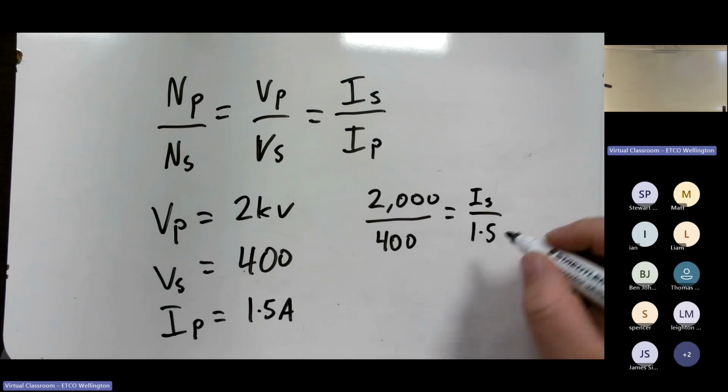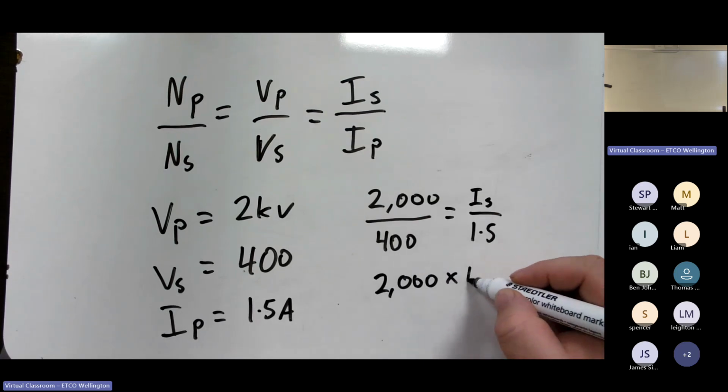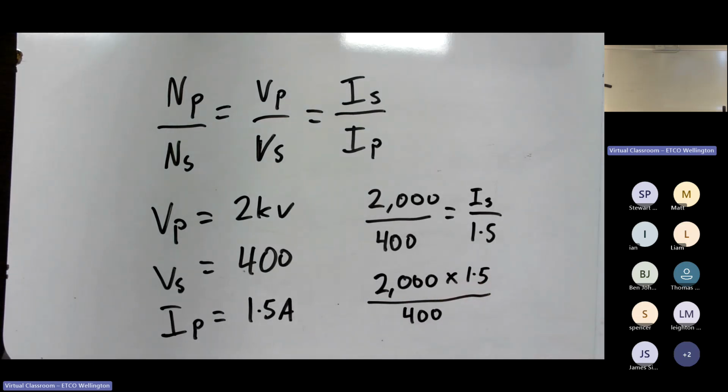So for this, it's going to be 2000 times 1.5 divided by 400. Cool, which gives us a total of 7.5 amps.